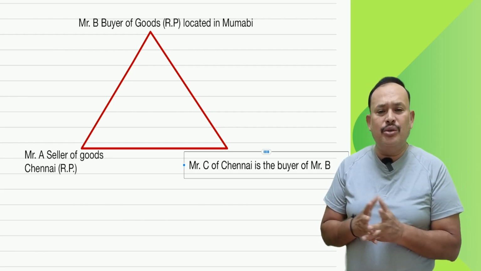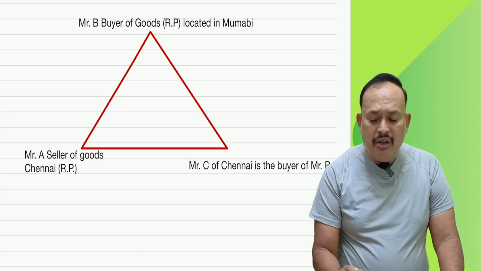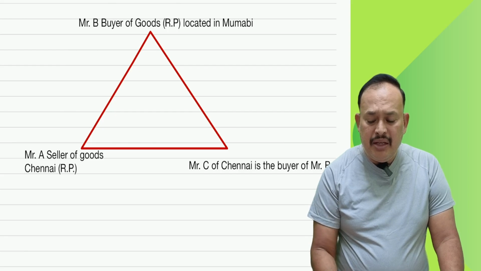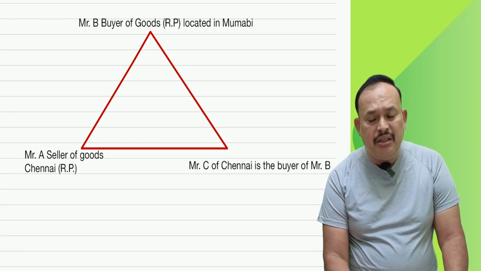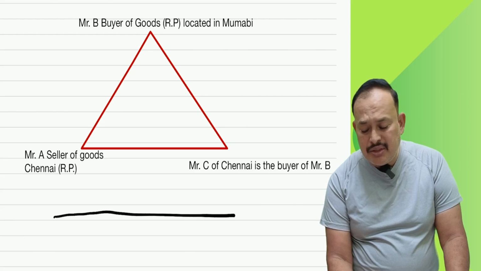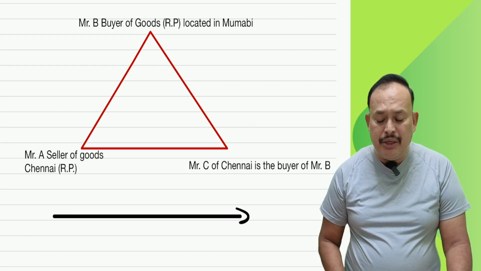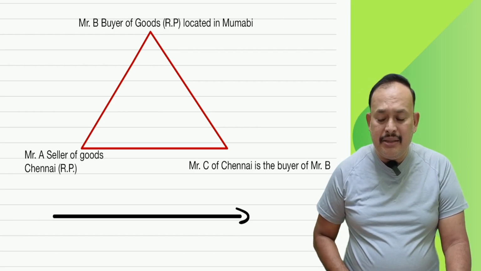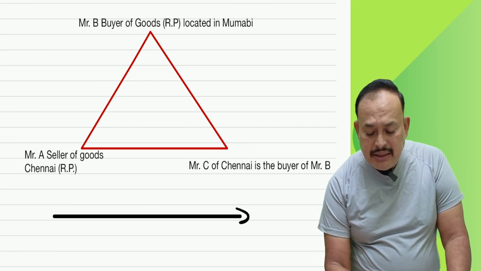The seller accepted, no problem. You want me to send the goods? I will send them. From where to where? From the seller's location in Chennai to Mr. C's Chennai location. Don't worry, I will supply the goods to him in a truck. Let us say, for example, here is a truck.